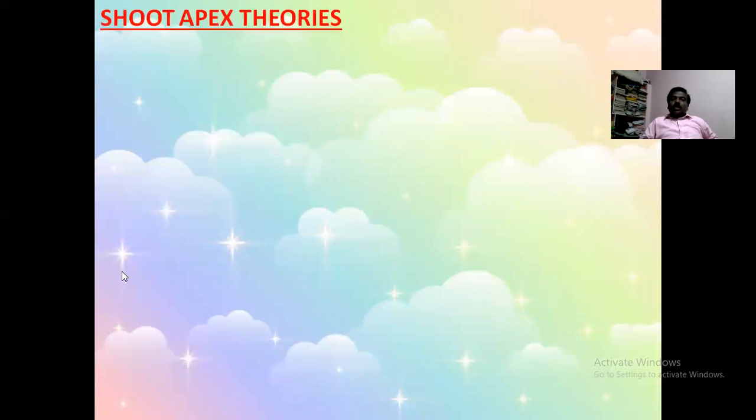The shoot apex theories. Next one, shoot apex theory. These four types of meristematic tissues are present in all plants, primitive and higher plants. Based on origin or development, there are three types: primordial meristem, primary meristem, and secondary meristem.